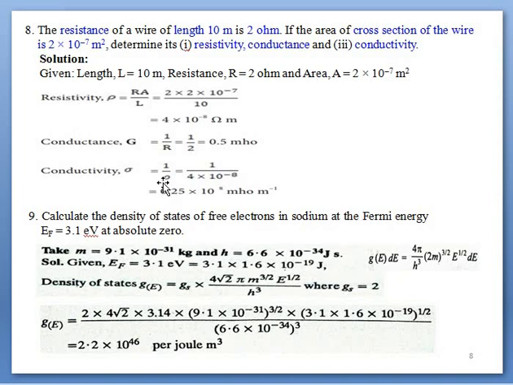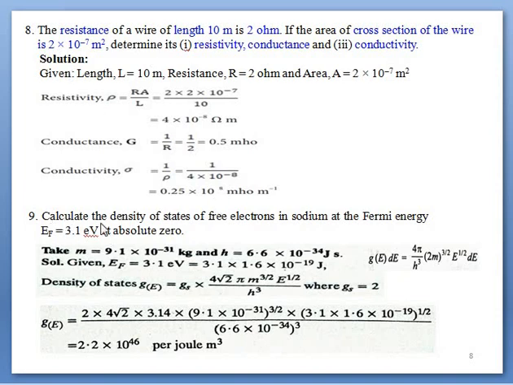By substituting that value here, we have conductivity in terms of mho per meter, or Siemens per meter, or ohm inverse meter inverse. So resistance, cross section area and length are given, and with the help of these three parameters, we have determined these three parameters.